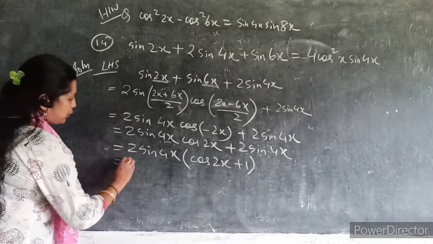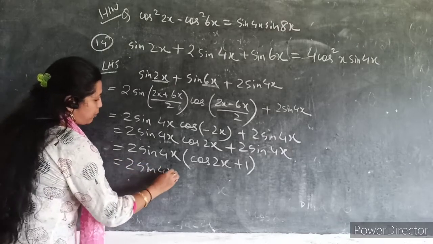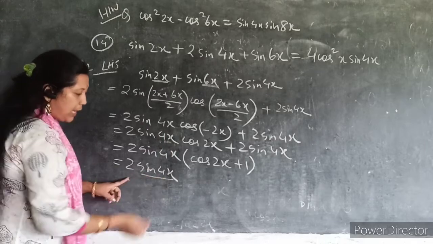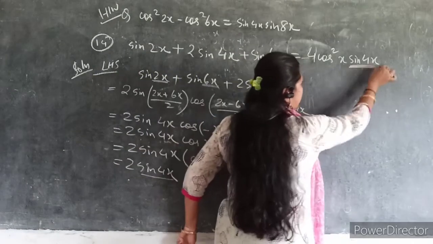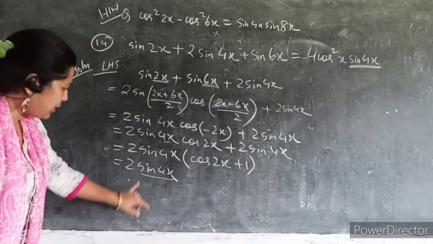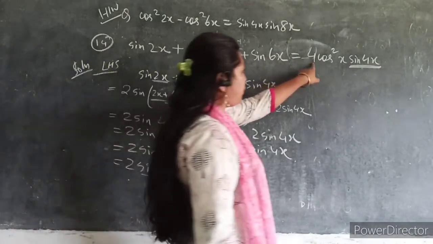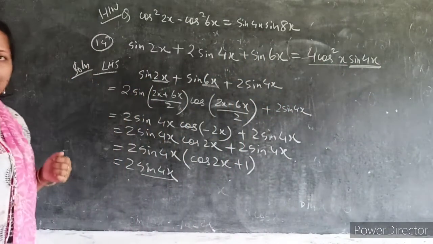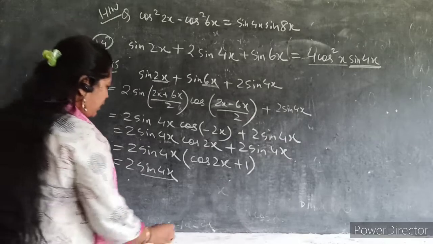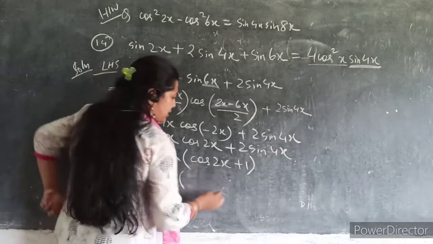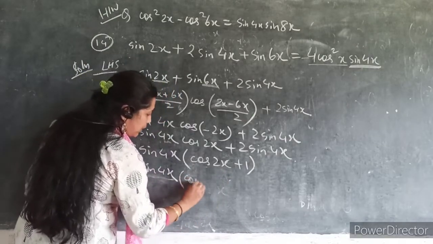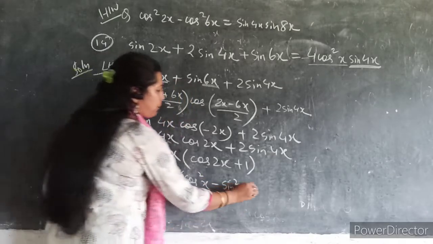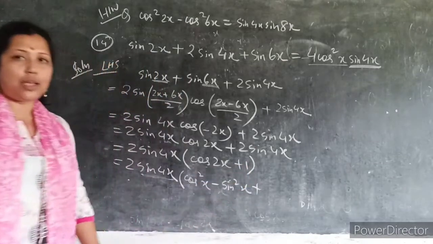Clear? So now you have to apply some formula. If you see your right hand side, sin 4x is already a little bit matching. Here there is 2 and here there is 4. So one more 2 you require and the cos²x term you require. Already I have discussed, cos 2x is what? cos²x minus sin²x, that is the original formula, plus in place of 1 you can write what?